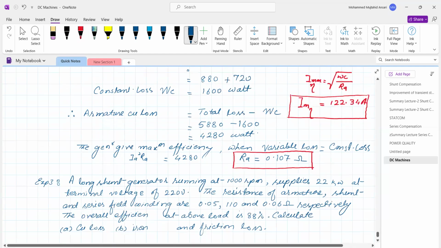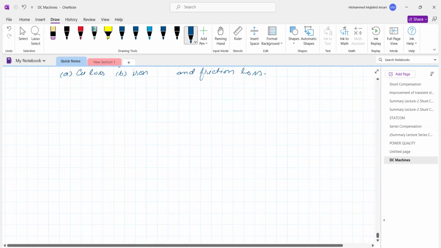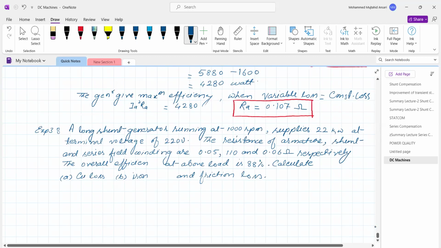Now the next numerical, quickly we see. A long shunt generator running at 1000 RPM supplies 22 kilowatt at the terminal voltage of 220.